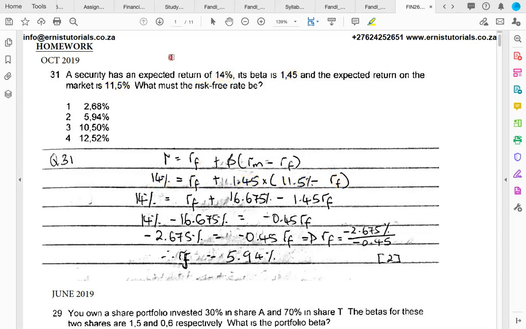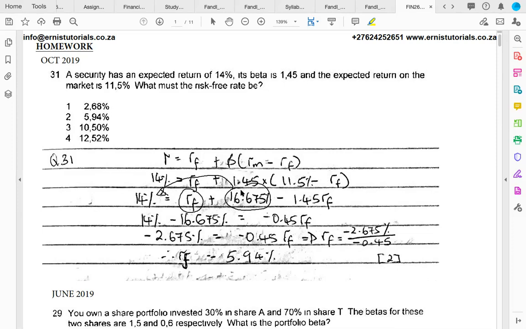And then once we've done that, we remove the brackets. We say 1.45 multiplied by 11.5%, and we get 16.675%. And then we say 1.45 multiplied by RF, multiplied by minus RF, and we get minus 1.45 RF. We take this to the other side because we want to leave the RF values by themselves so that we can solve for RF.